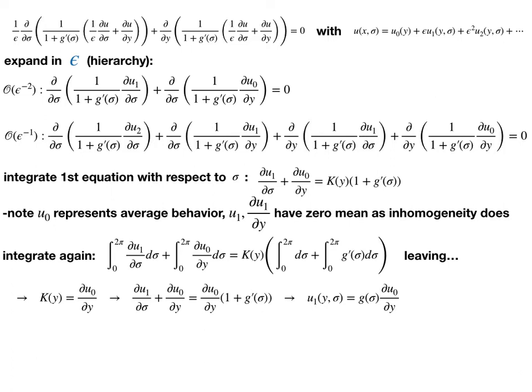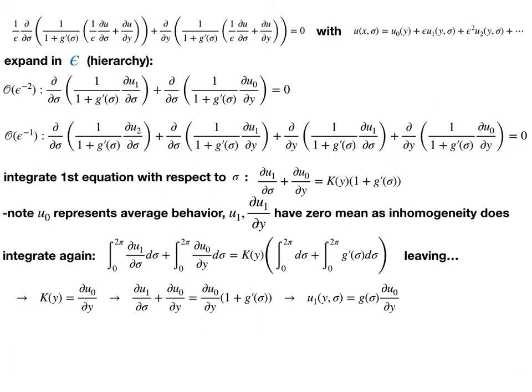Okay, if we plug that into the PDE that we started with, right up there, then we end up with du1 d sigma plus du0 dy equal to du0 dy. So now we've replaced k of y with du0 dy. And we still have our 1 plus g prime of sigma.